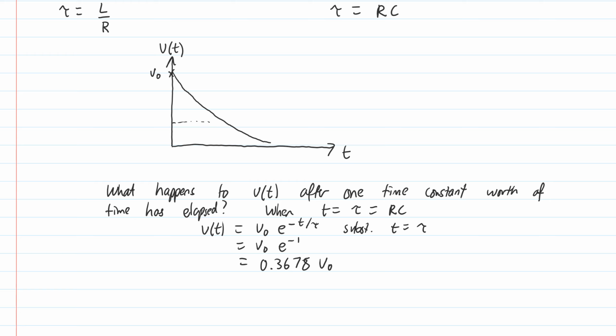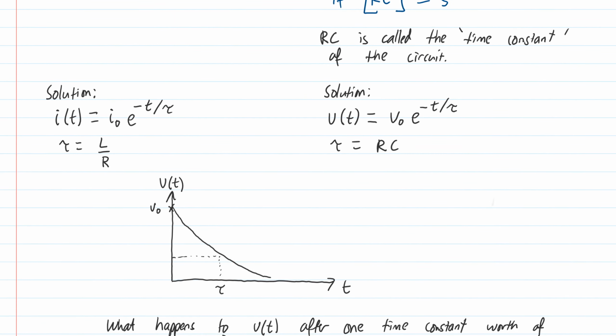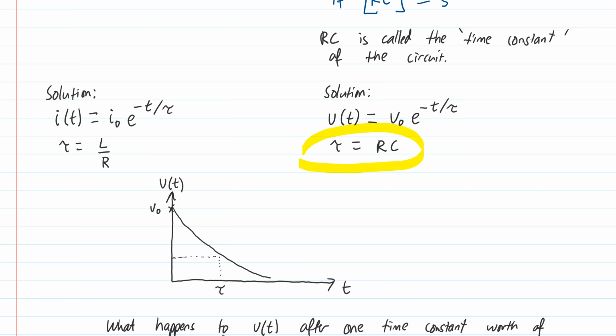We can imagine on our diagram that this time constant is about that far through into the decay. You can solve for 2 time constants or 3 and so on to see how much of a decay you actually get. But as far as estimating the speed at which this circuit will respond, this gives you a rough ballpark figure that you can use in estimating.